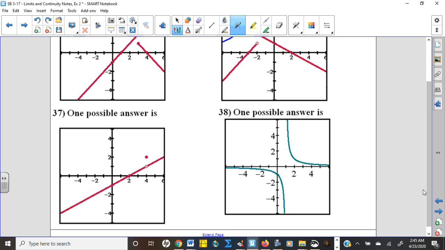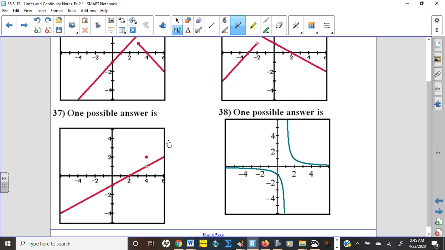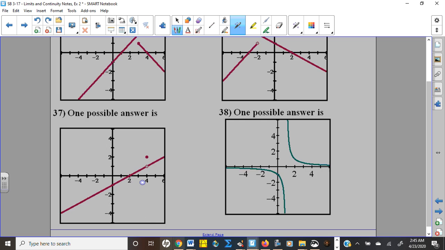Now, number 37 said f of 4 exists. So once again, I'm going to have a point for f of 4 somewhere in here. But this time it said the limit exists. So that's very cool. That means that both sides of the graph are going to be approaching the same height, right? But it's not continuous. So the only way that could happen is at a removable discontinuity.